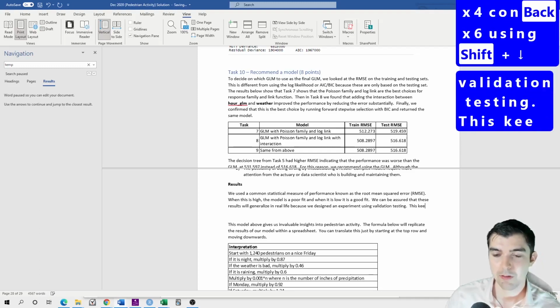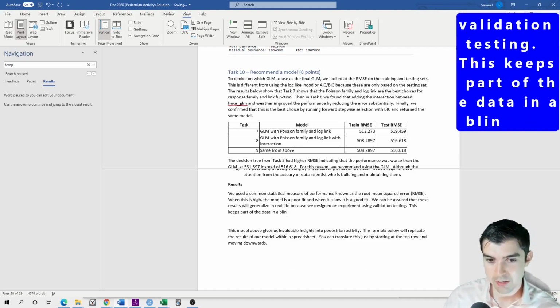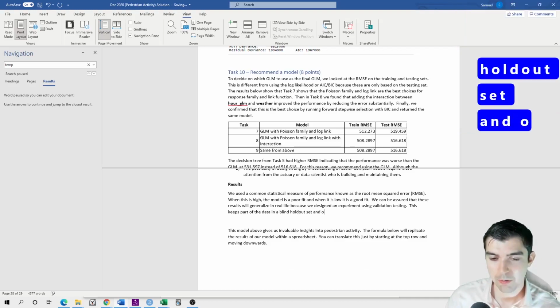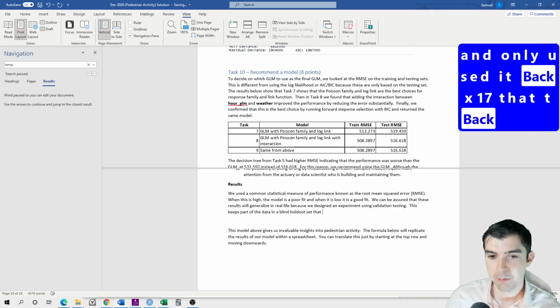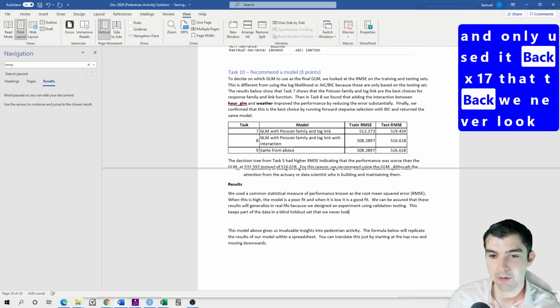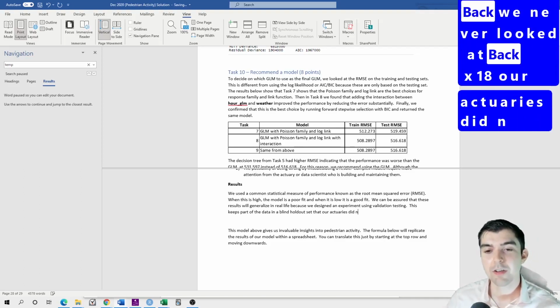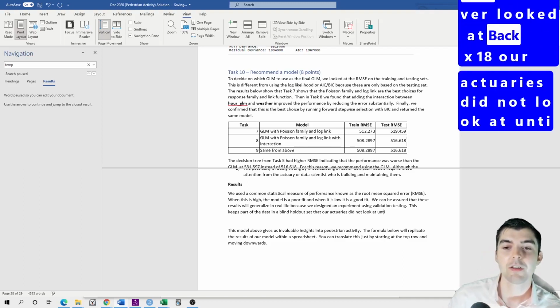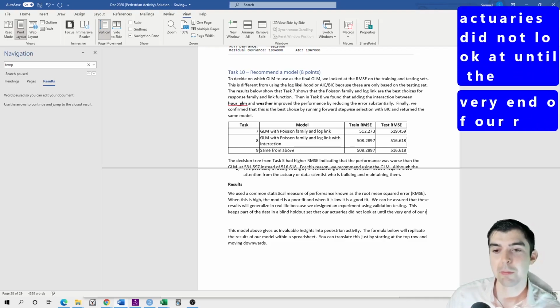This keeps part of the data in a blind holdout set, a holdout set that we never looked at, that our actuaries did not look at until the very end of our report.